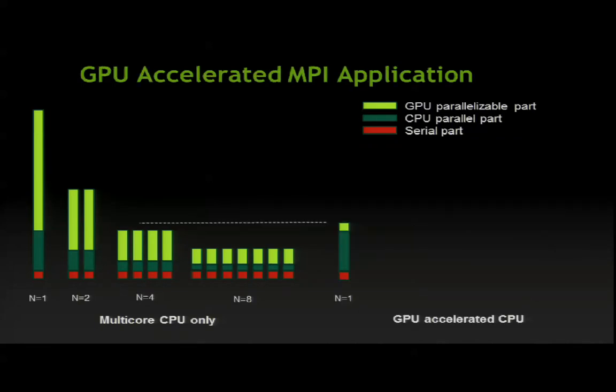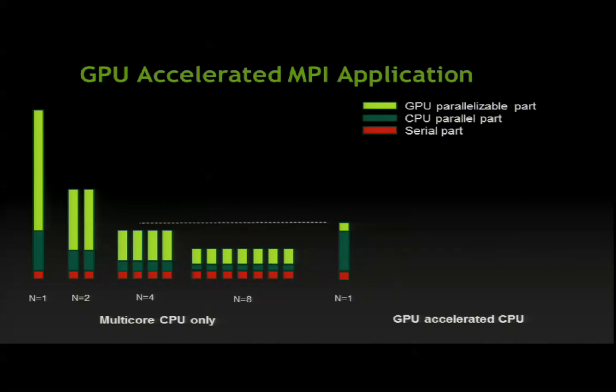Now, if you can only use a single MPI rank that touches this GPU, well, it will affect the GPU parallelizable part. And it will cut that down to a very small amount of time. But it will not affect the CPU parallelizable part, because the amount of CPU parallelizable work will be exactly the same as if you had just a single core.